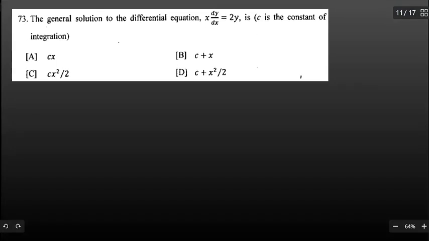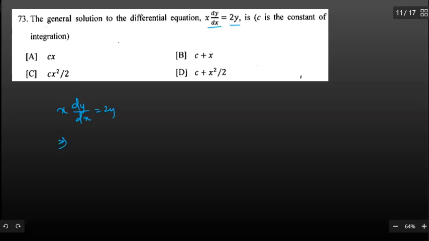Let's move to the next question, and the question says the general solution to the differential equation x dy by dx equals 2y is, let's solve this. x dy divided by dx equals 2y.